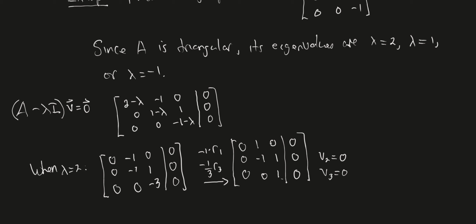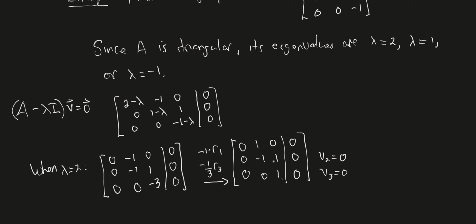So right now I don't have any information about V1. But that's because there is no pivot in the first column. So remember, if a column doesn't have a pivot, then what it means is that variable is free. So V1 can be anything, but V2 has to be equal to 0, and V3 has to be equal to 0, right?